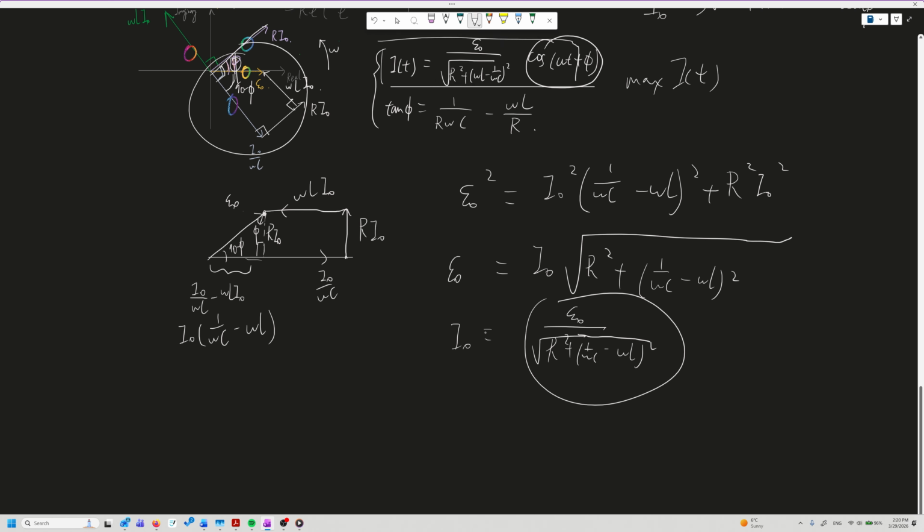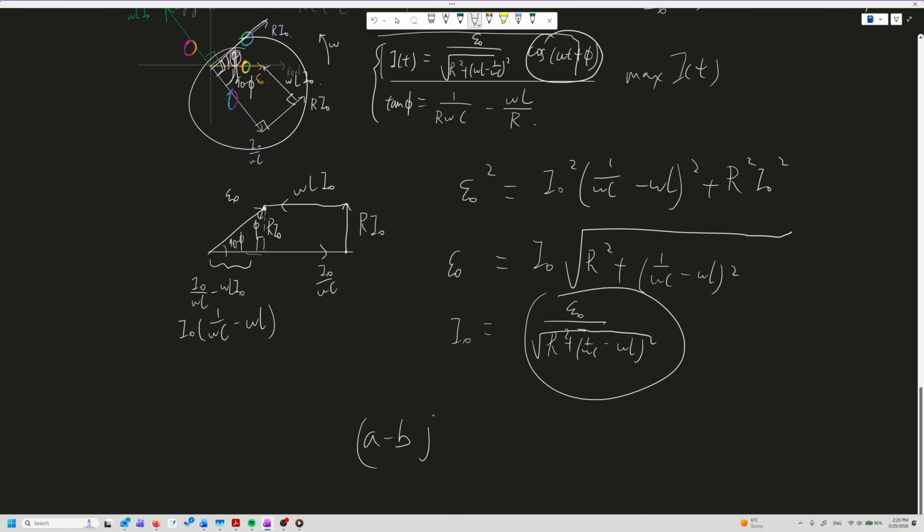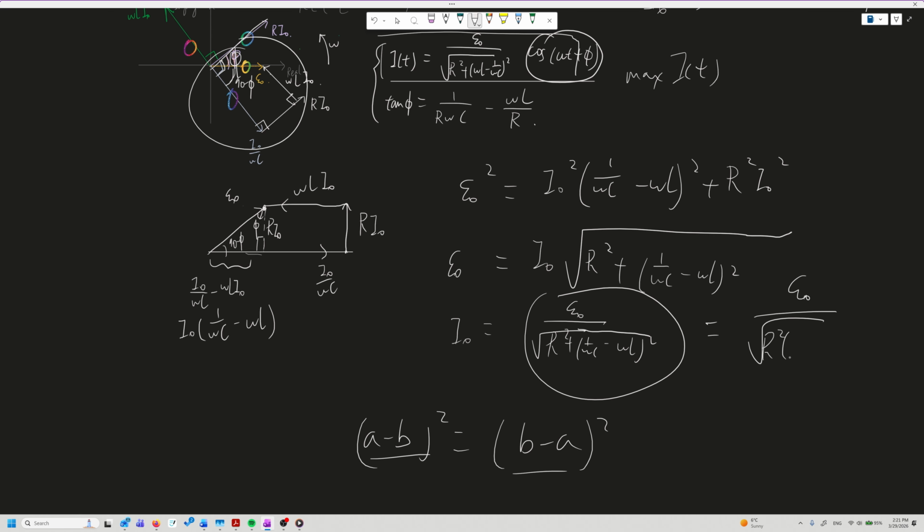And just keep in mind that (a minus b) squared always equals (b minus a) squared, since b minus a and a minus b only differ by a negative sign, but squaring removes that negative sign and makes everything positive. And so we can alternatively write this as epsilon 0 over the square root of R squared plus (omega L minus 1 over omega C) squared, which agrees with the first formula.